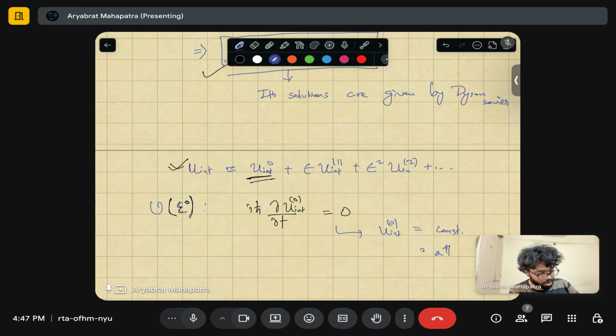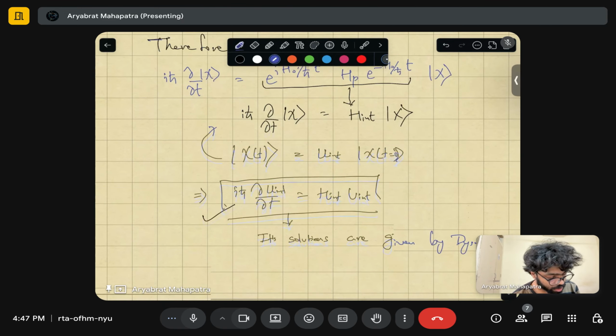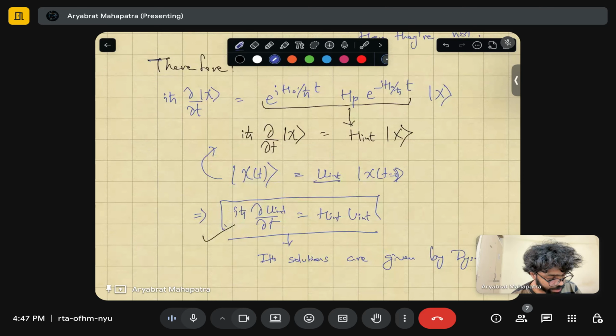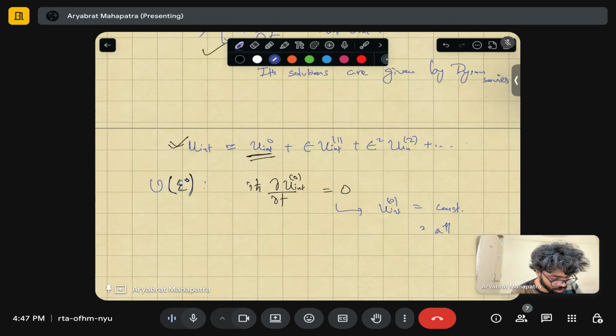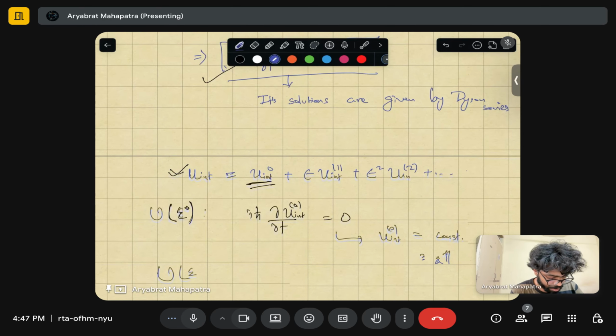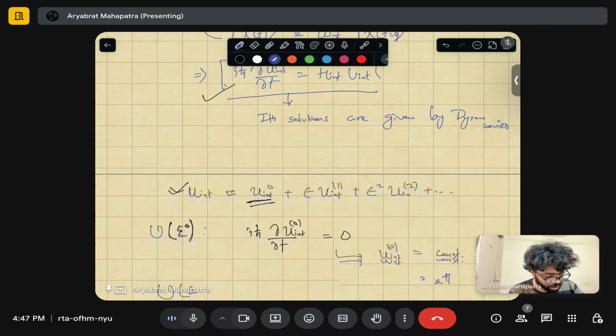Remember, these are all operators: this u, this chi, and this H are all operators. This is not really required to solve the problem that we will see, but I'm just giving you an idea of what this Dyson series actually gives.